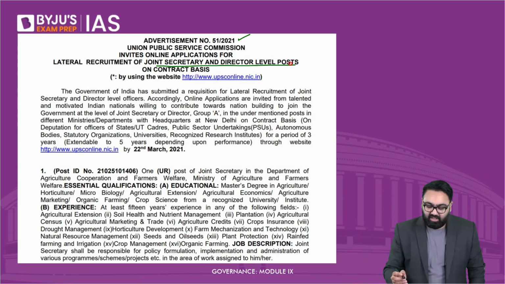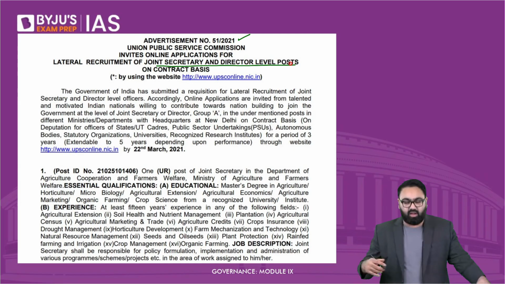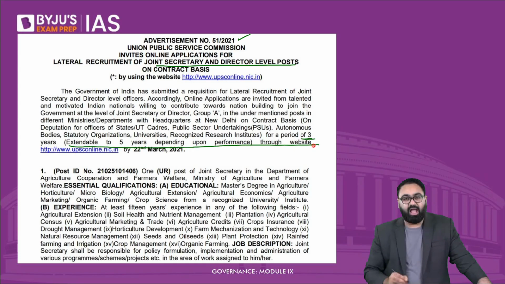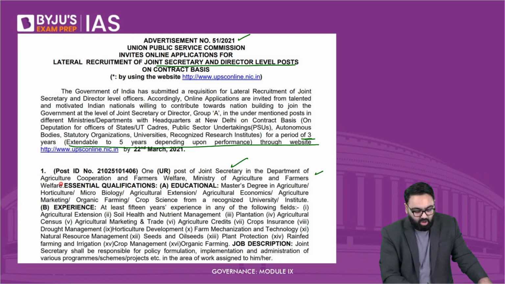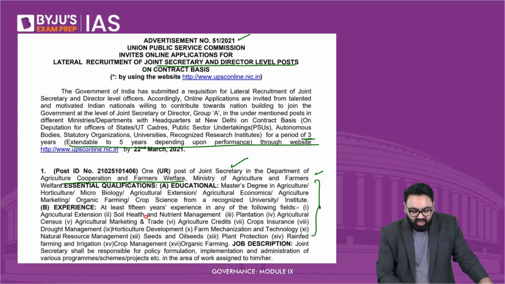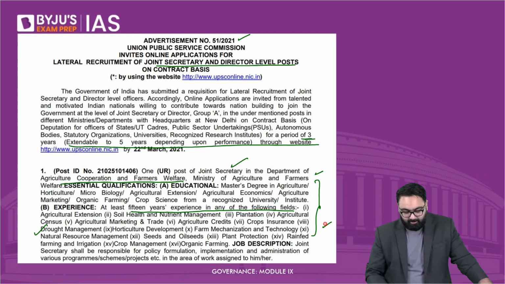It says the government is inviting applications for a period of 3 years, extendable to 5 years. You will work as joint secretary in the Department of Agriculture, Cooperation, Farmer Welfare. Qualification criteria: you have a master's degree in agriculture and you should have 15 years of experience, as you can see, in any of these fields: agriculture, soil, crops, insurance, etc.